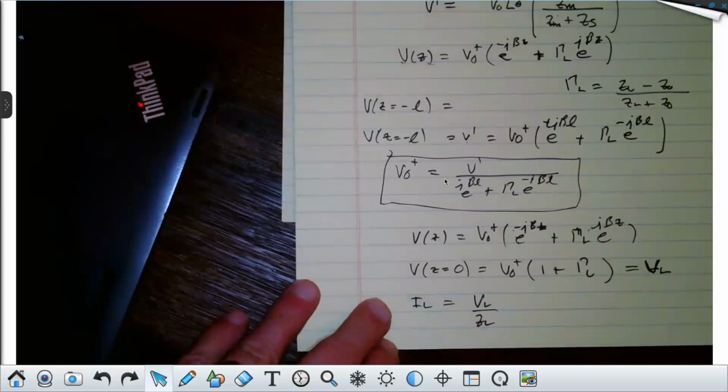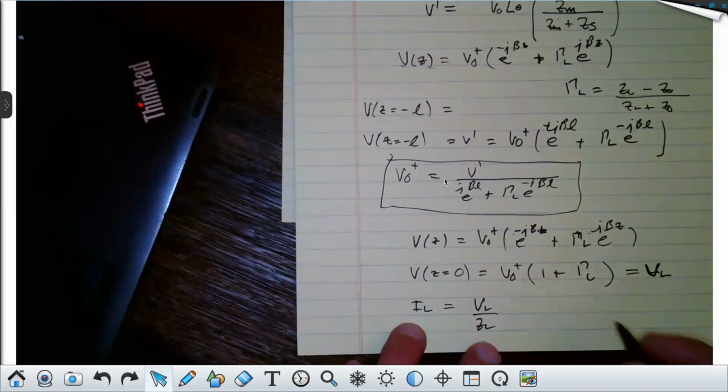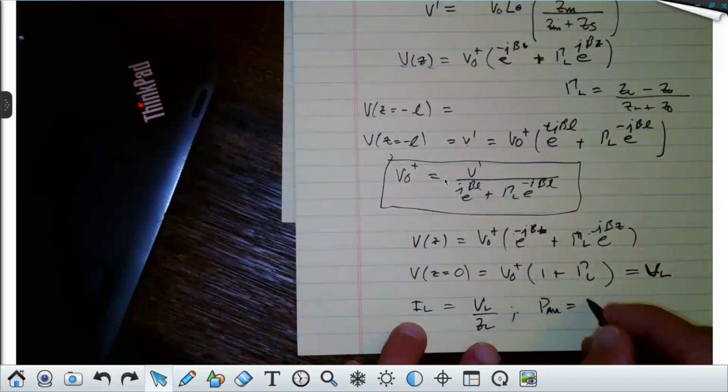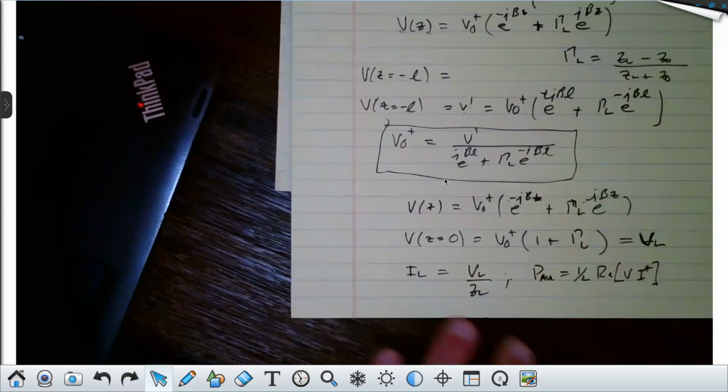And if I want power, how do you get power? Well, isn't power equal to average power: 1/2 the real part of V times I conjugated? Remember? That's power, isn't it, class?